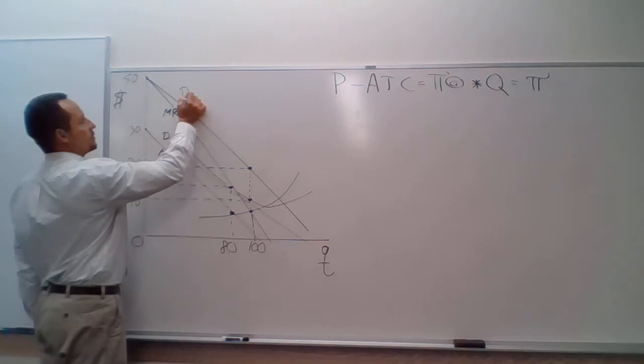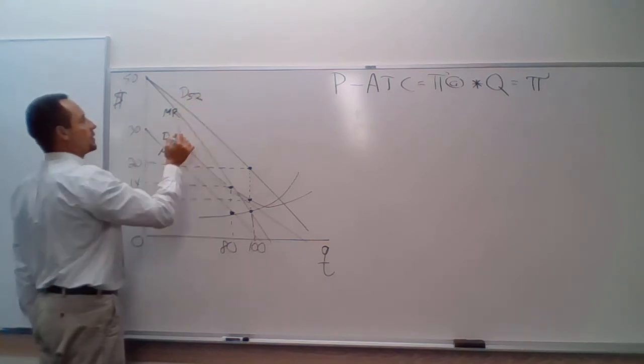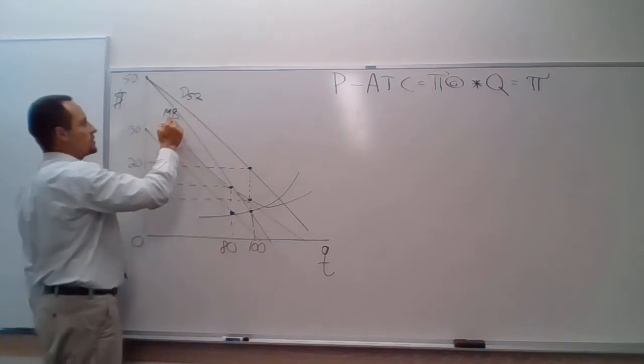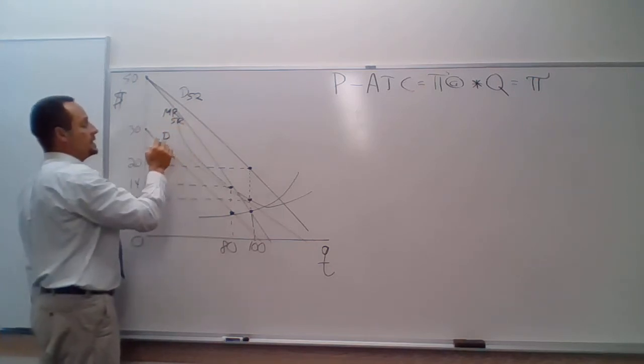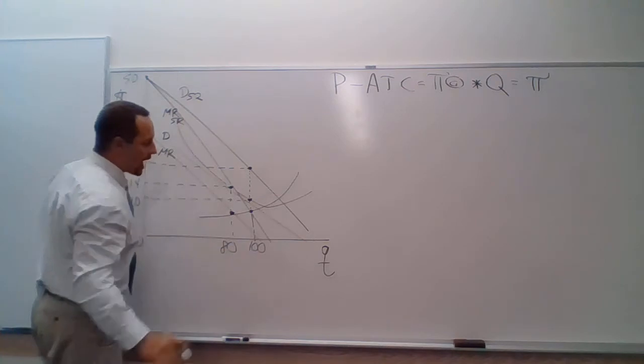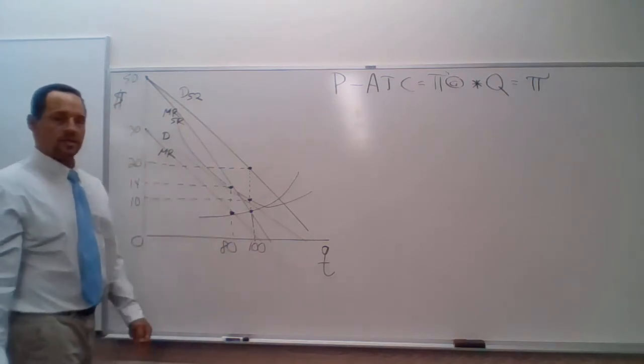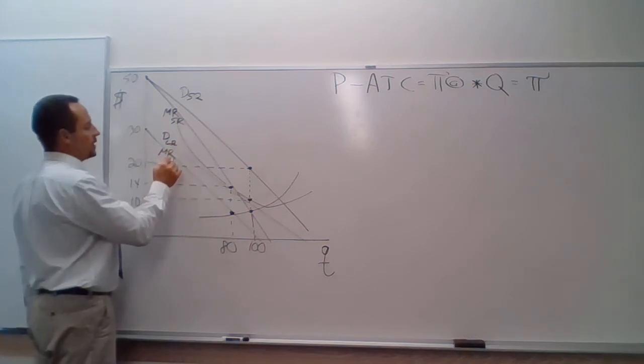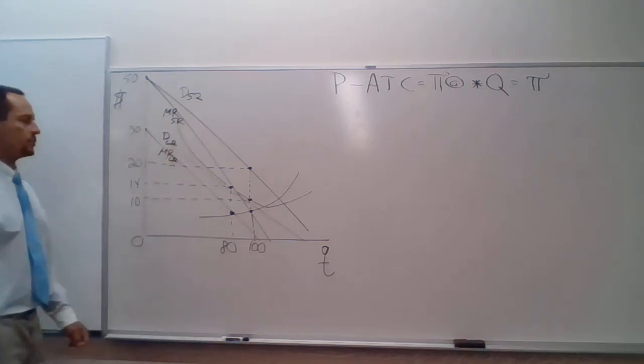This demand curve is the short run demand curve, and its corresponding marginal revenue curve is also short run. This smaller and flatter, more elastic demand curve is the long run demand curve, with its long run marginal revenue curve.